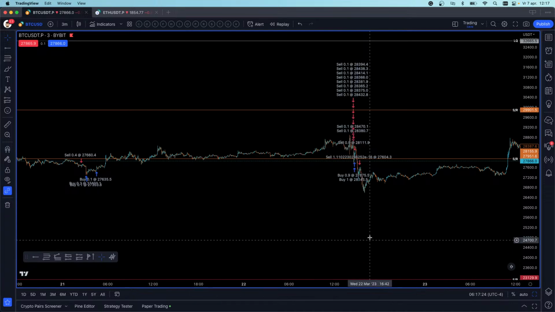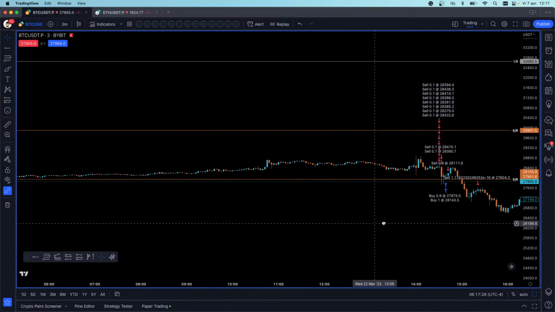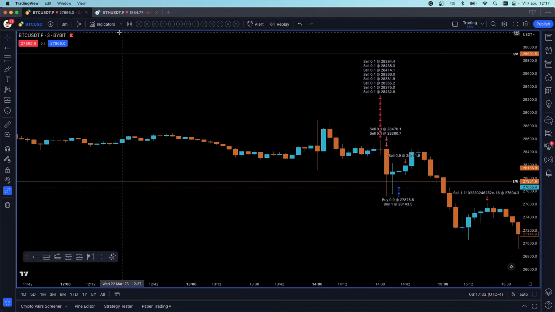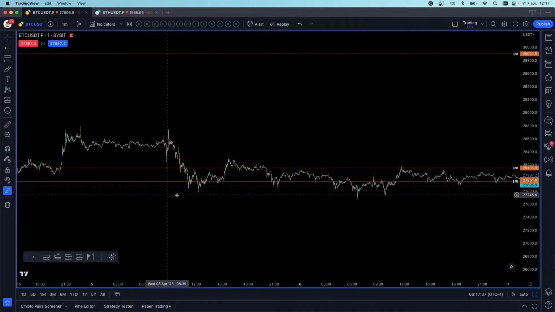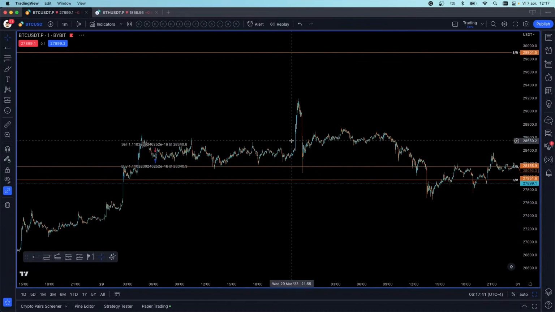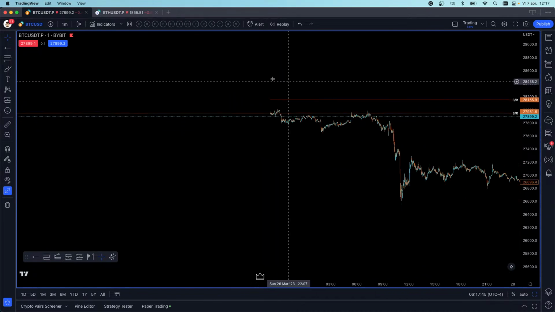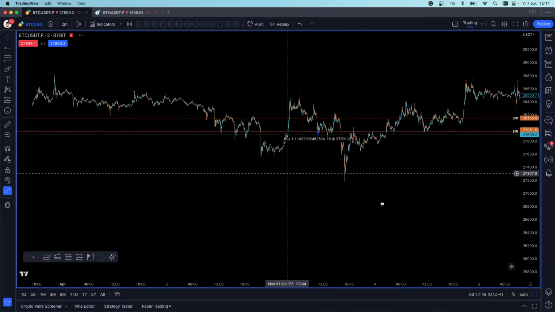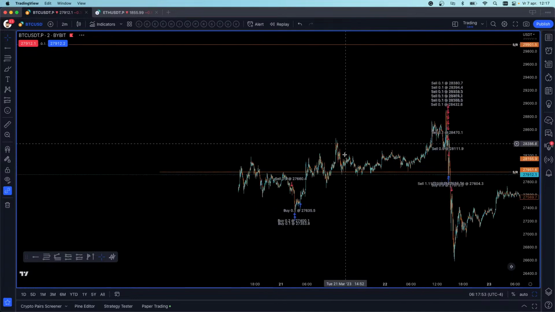See? Even on a lower time frame. I have to go on a 1 minute chart to show you all the trades here. On a 2 minute chart, let me just, okay, this one for example.